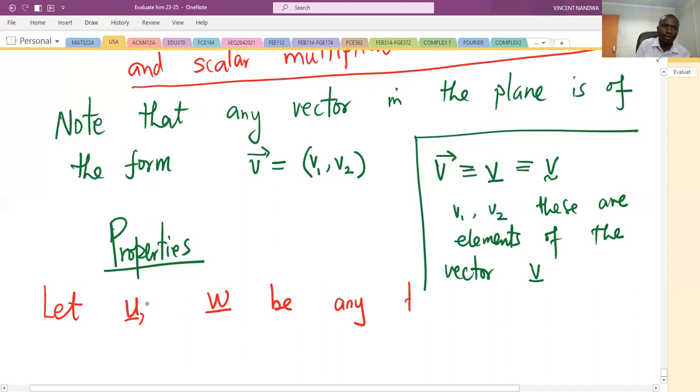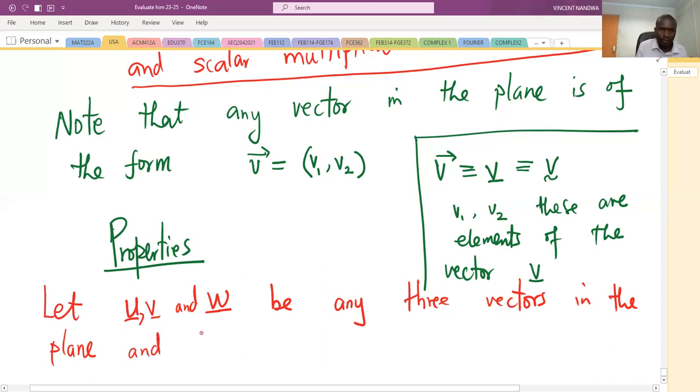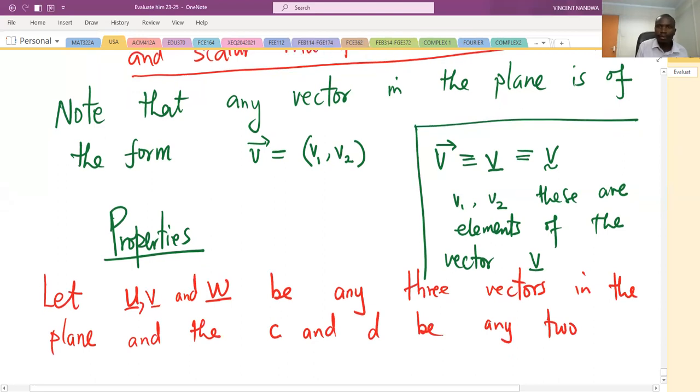Let U, V, and W be any three vectors in the plane, and let C and D be any two scalars or real numbers.